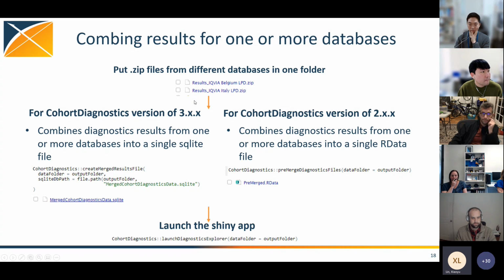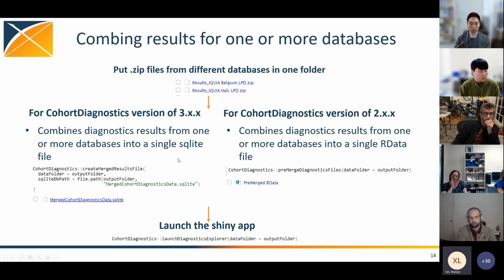I want to combine the results and show the results from the 2 databases in the Shiny app. So what I need to do is put the two zip files that are automatically generated from the execute function, from the different databases, into one folder first.